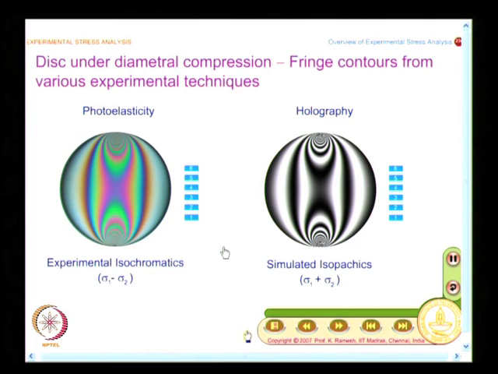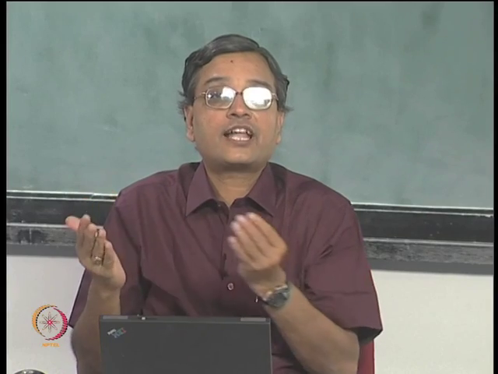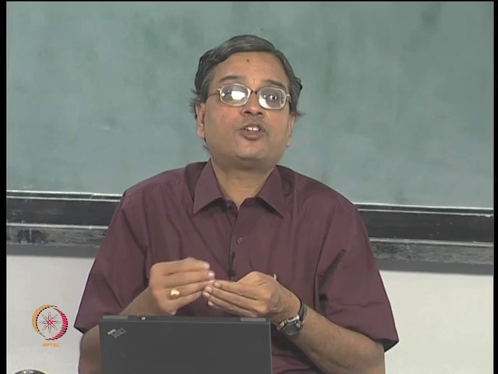One approach could be to do a holographic experiment and get isopachics recorded, in this case simulated. So, when I have photoelastic contours as well as holographic contours, I can process these two and find out individual magnitudes of sigma 1 and sigma 2 on the entire field.